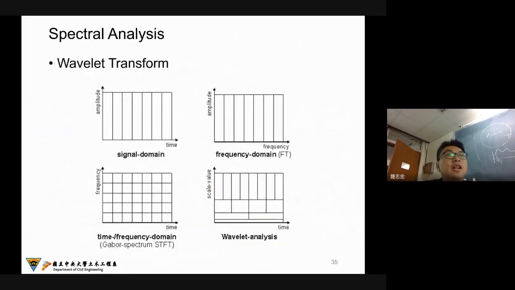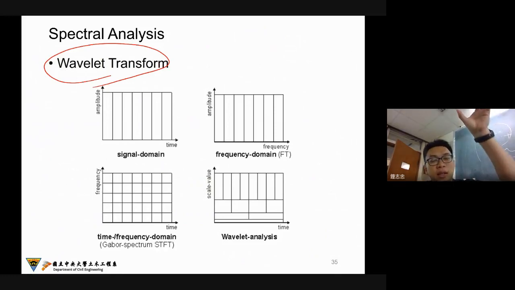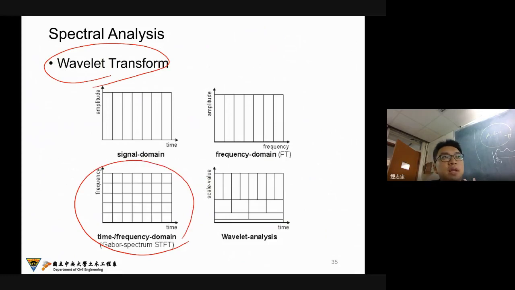And for the extension, the wavelet transform also tries to do this kind of analysis in different time and spectrum. Here, this is our short time Fourier transform with the grid at the same size, but the wavelet analysis tries to compensate for some of the trade-off problem.